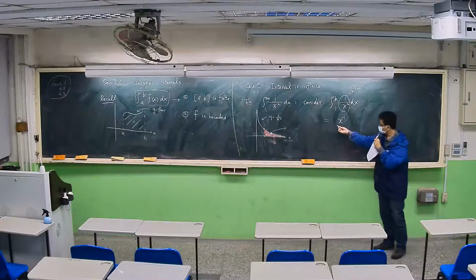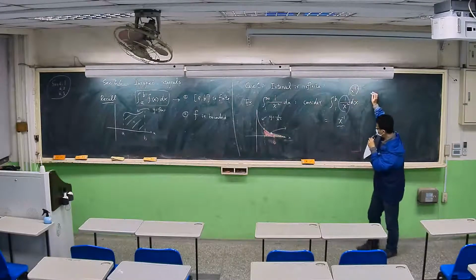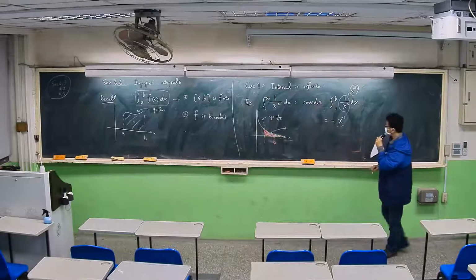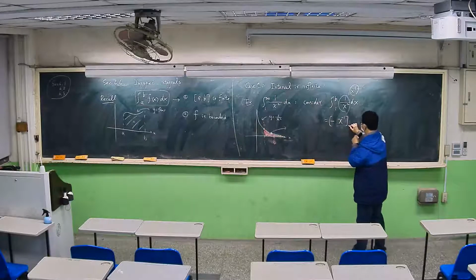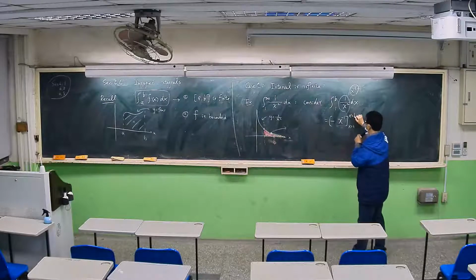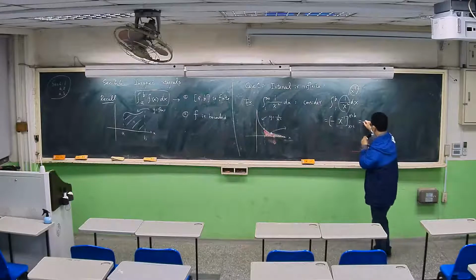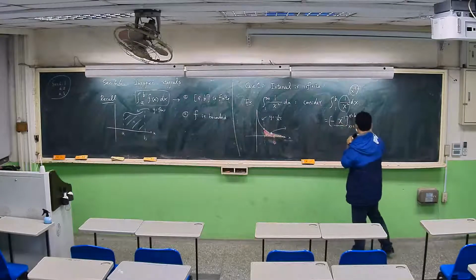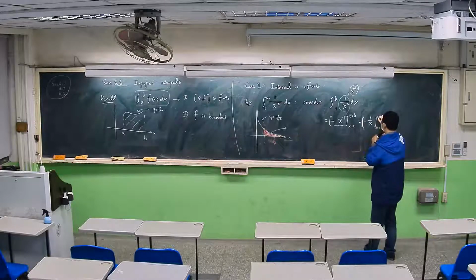Its derivative is negative 1 times x to the power negative 2, but the coefficient is 1, so it is negative x to the power negative 1, which means negative 1 over x, plugged in at 1 and b.